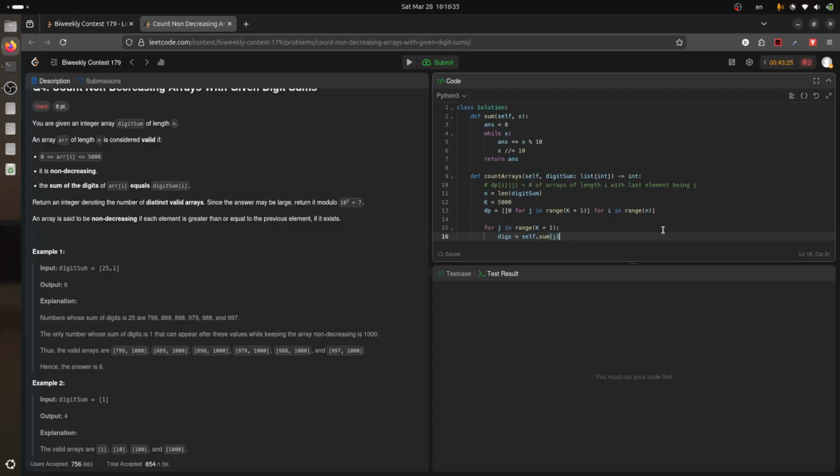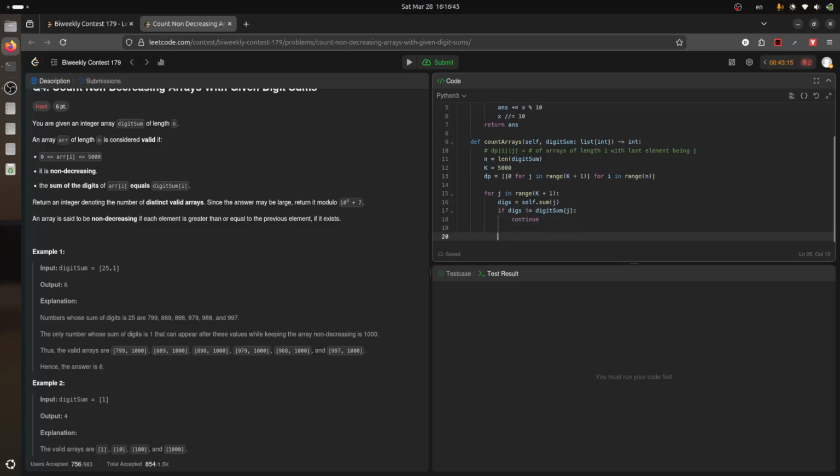So that's digits. And now if the digit sum doesn't equal the digit sum of j, continue, otherwise, no, we don't actually want continue.